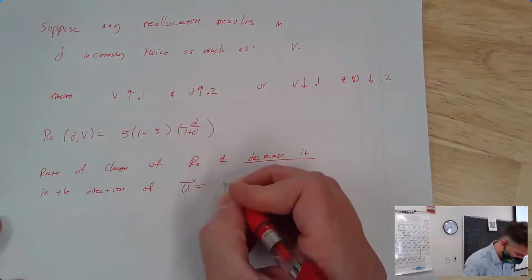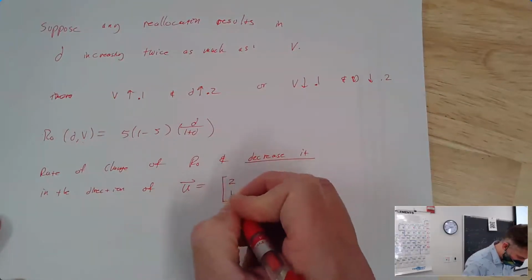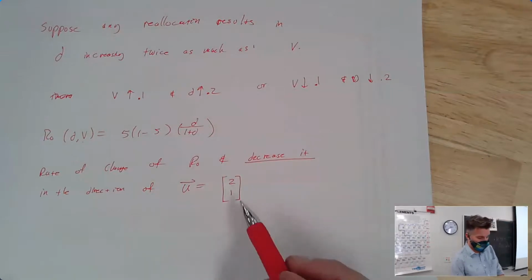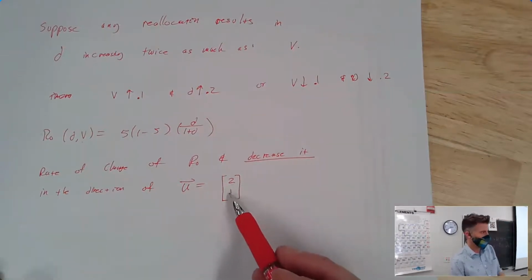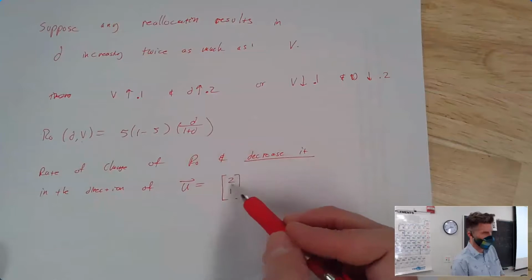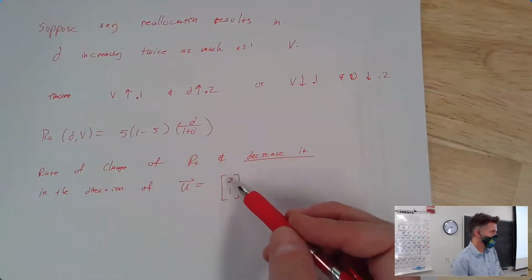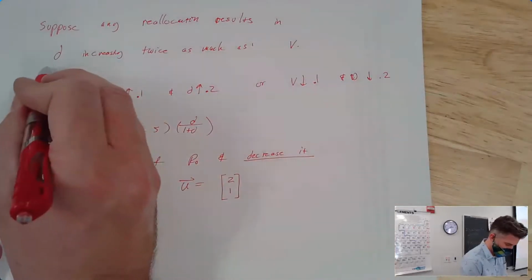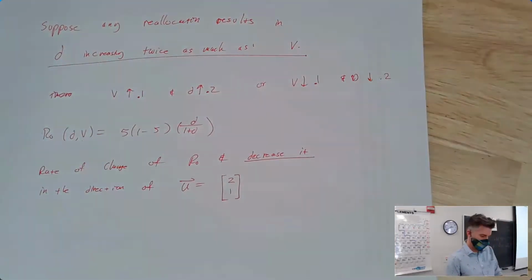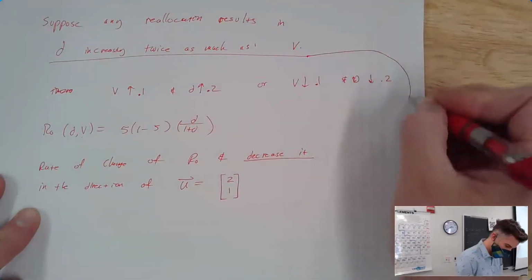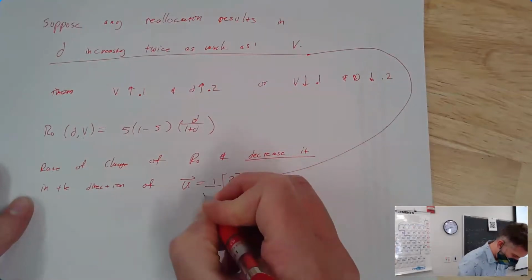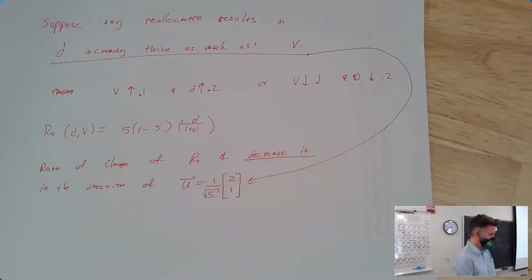So we're traveling in the direction of 2, 1. Right? For every one more vaccine number, we get twice as many days. Because of what we're saying right here. But really, I should divide by the magnitude. So really, I should have that.